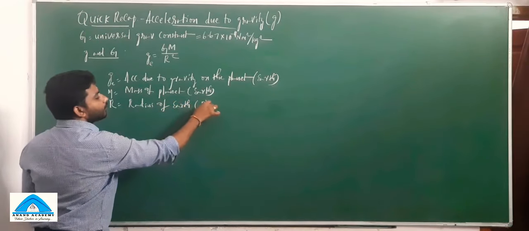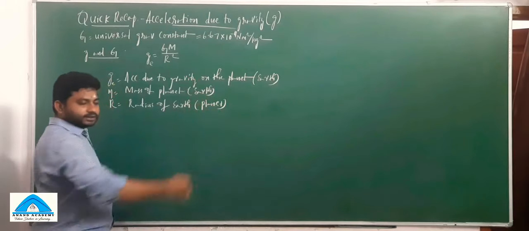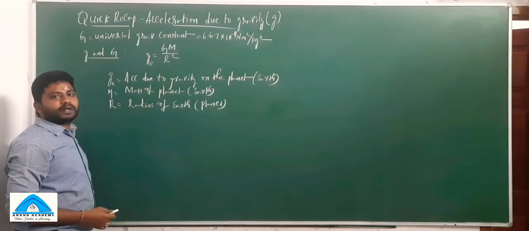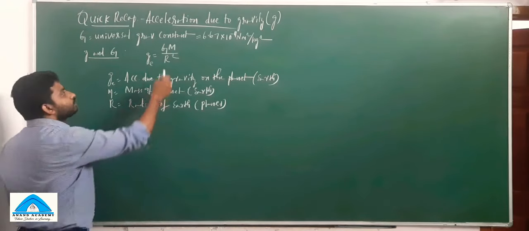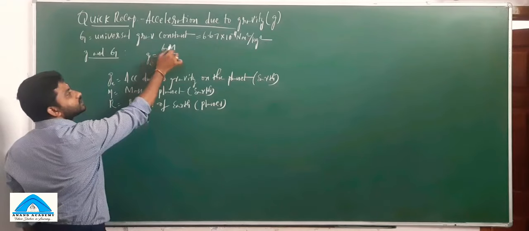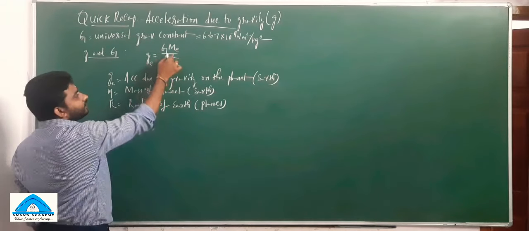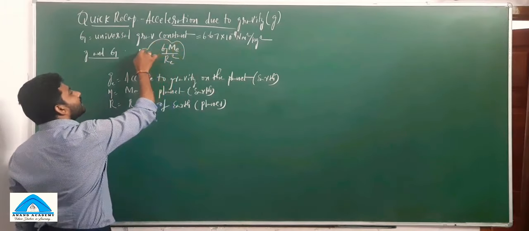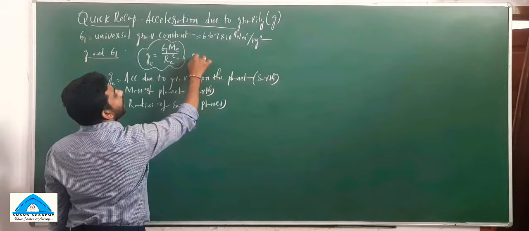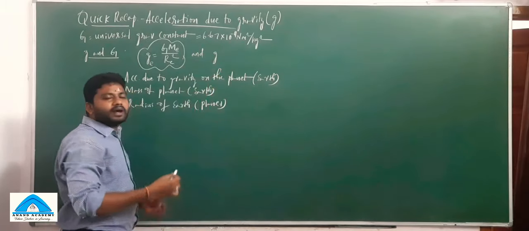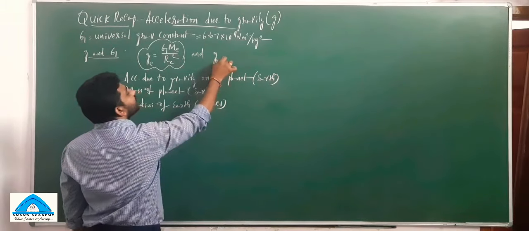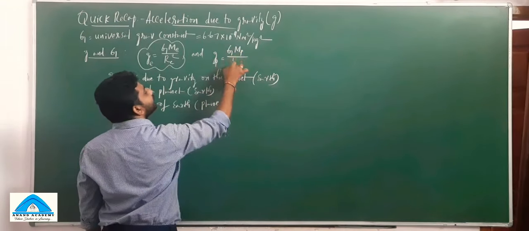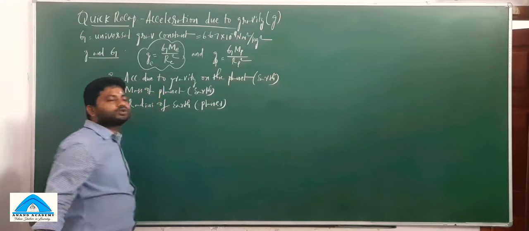So acceleration due to gravity on the surface of the Earth is small g equal to capital G into mass of the Earth divided by radius of the Earth whole square. If it is some other planet, let me write the same expression: acceleration due to gravity on some other planet is equal to capital G into mass of the other planet divided by radius of the other planet whole square.